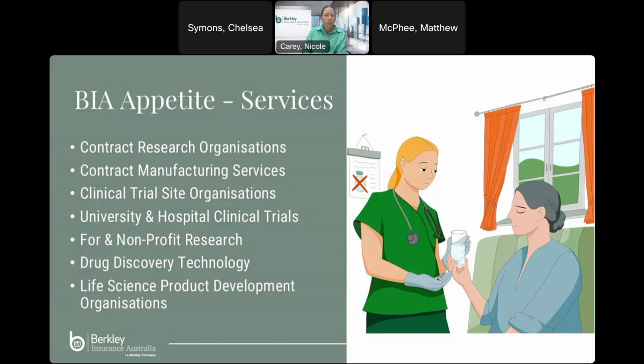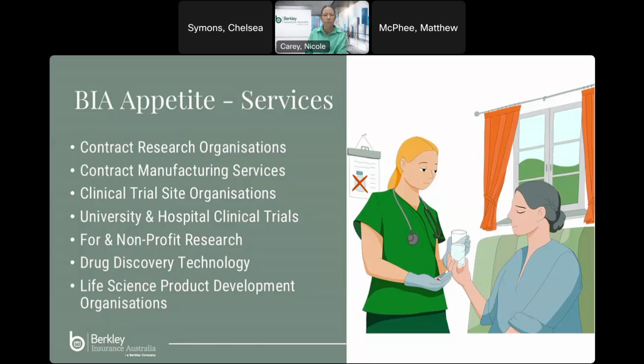The other organisations and services that I've got down there are pretty self-explanatory. So we've got universities and hospitals clinical trials, for and non-profit research organisations, drug discovery technology, and life science product development organisations.